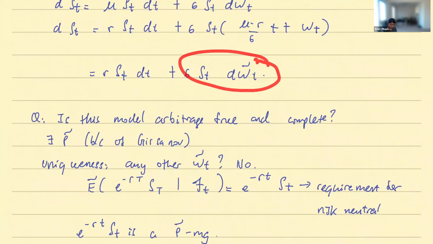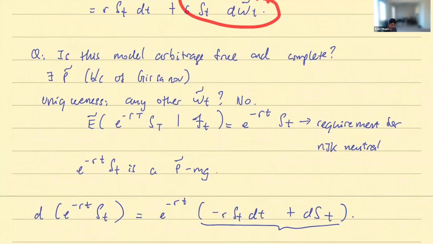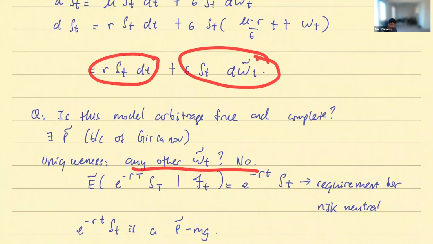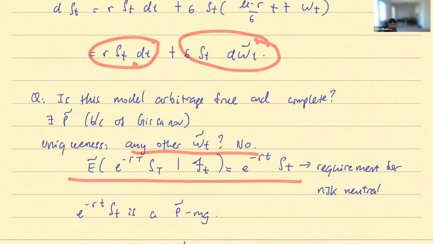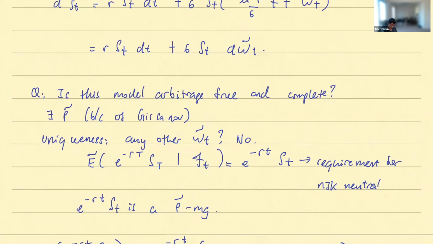Do you understand? It's a little bit abstract, but it's telling you that this part is forced if you require this to hold, and if this part is forced, that means the Brownian motion is forced. That's all you need to know. There's no other way, so this market is arbitrage free and complete. Yes, on both.